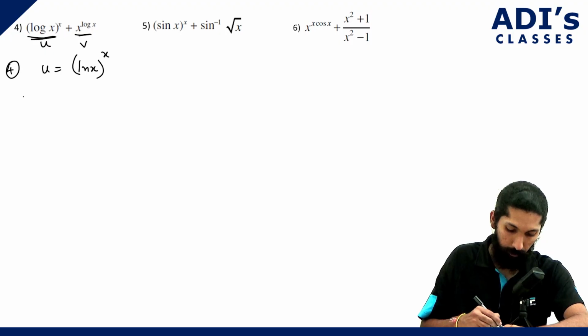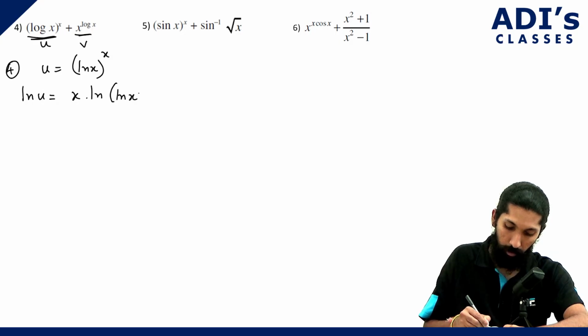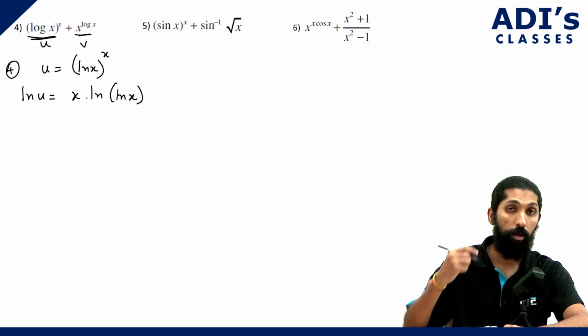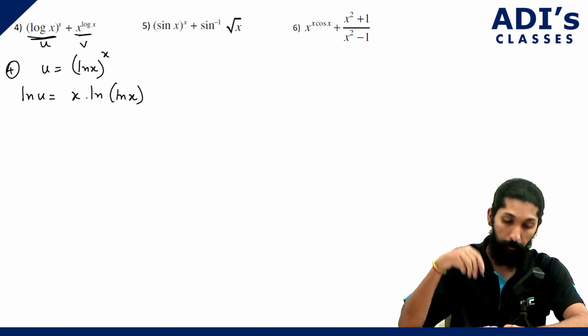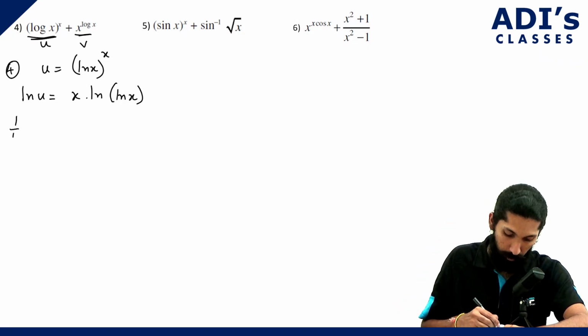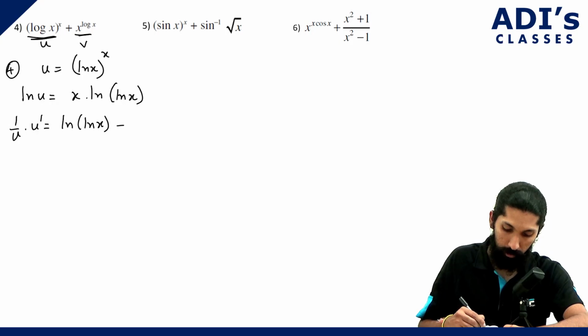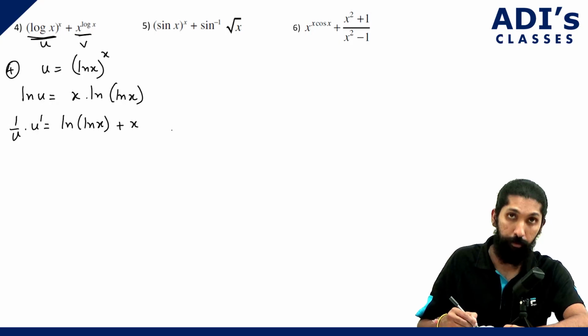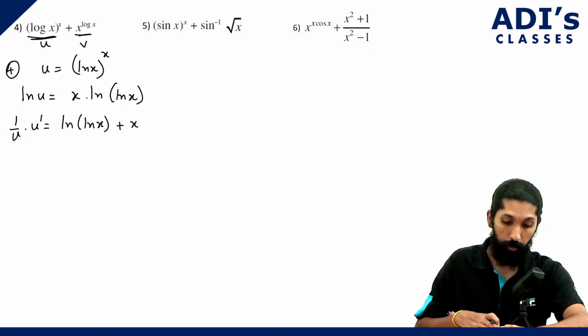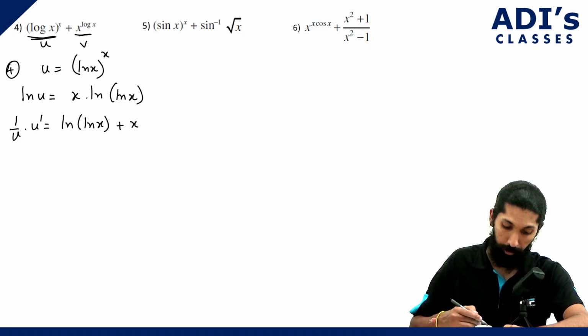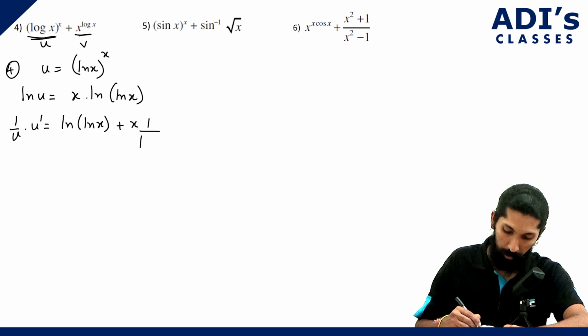So log of u is equal to x into log of log x. Log of log x, right? So differentiate: 1 by u into u dash is equal to log of log x plus x into, here you have to apply the chain rule. So you're going to get 1 by log x into 1 by x.